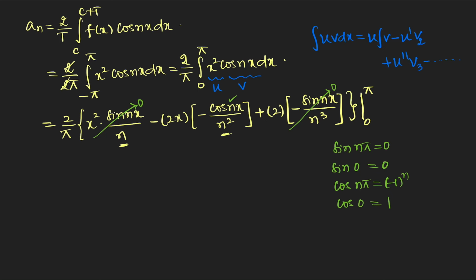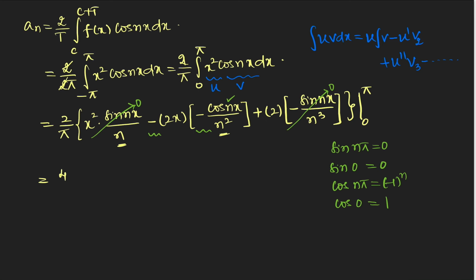Here one minus is there and another minus is there, and minus into minus is plus. 2 is a constant, so it can be taken outside; with the 2 already outside, it becomes 4 divided by pi. n square is also constant, so take n square common, times replace x by pi, that is pi times cos n pi, minus replace x by 0.